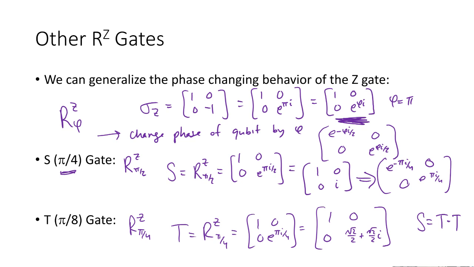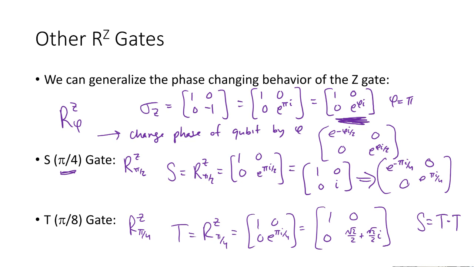So the S gate is usually known as the pi over 4 gate, which is kind of confusing. That's because we can express the matrix in this way. We could multiply the whole thing by e to the pi over 4 and get an equivalent form of the matrix.